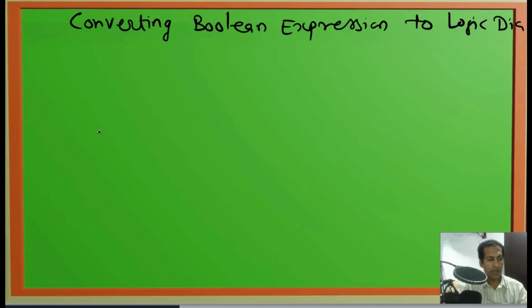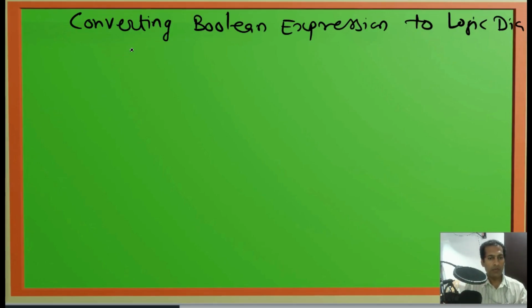Hardware can be translated into a Boolean expression for the analysis of an existing circuit. The easy way to convert a Boolean expression to a logic circuit is to start with the output and work toward the input.